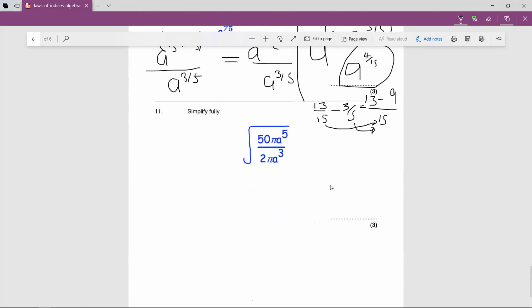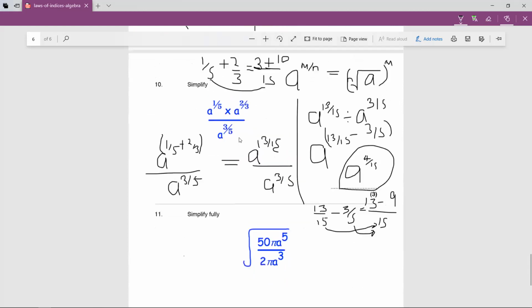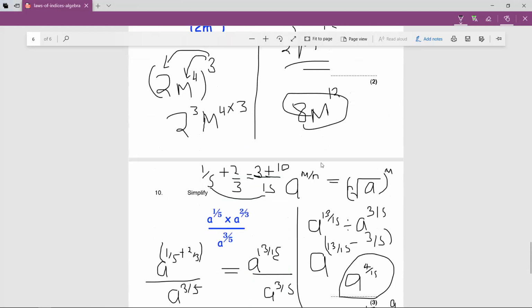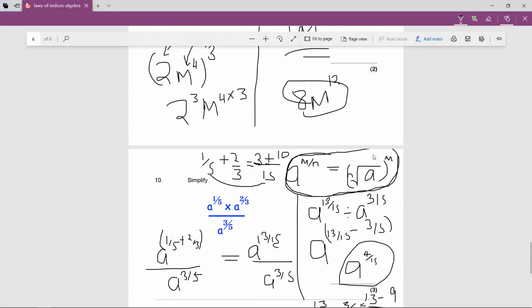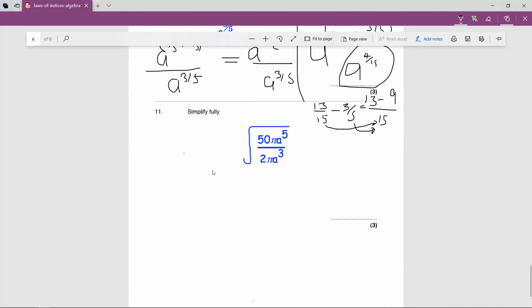All right. Then number 11, which is our last question, they're saying simplify fully. So over here, there's actually the place where you'll need this rule right here, where you have a fraction power, and you really need to make the denominator of that fraction power a root. So we'll borrow that idea here.